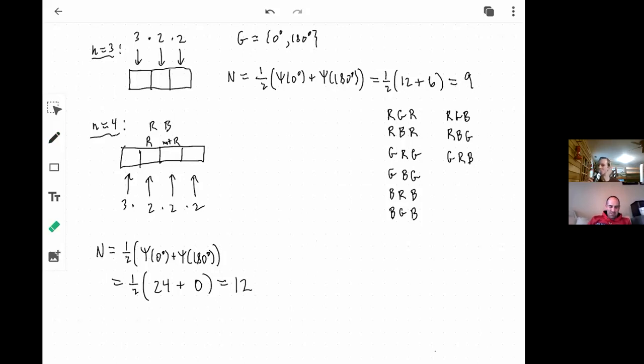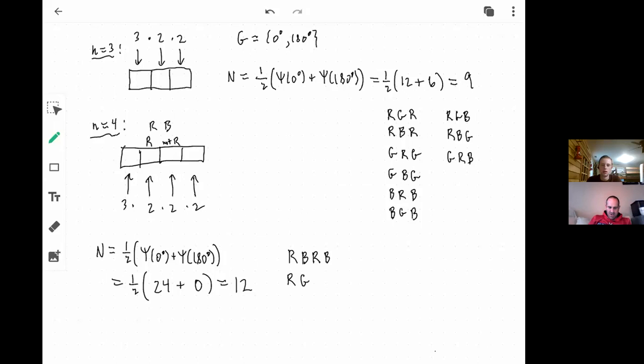Okay, so what are we going to have here? Because nothing gets fixed under 180-degree rotation. Right. Okay, so let's look at the ones that start with red. Red, blue. I'm doing all the ones that start with red.